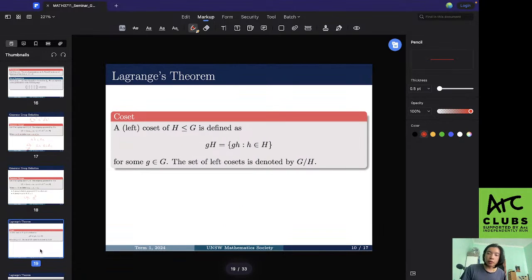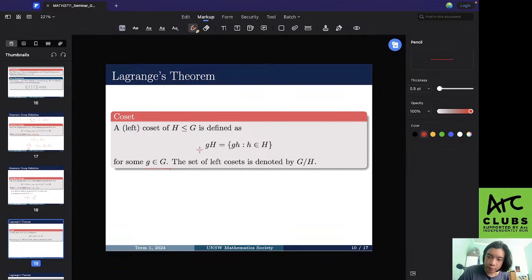Now, we can look at cosets. If H is a subgroup of G, then we can say that gH is a coset where it's a set of every single element in the form of g times some element in H for some g in G, right?